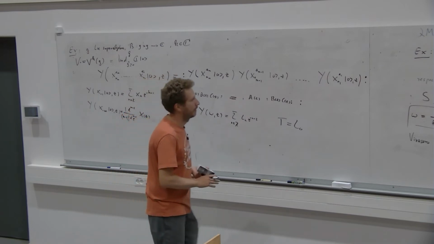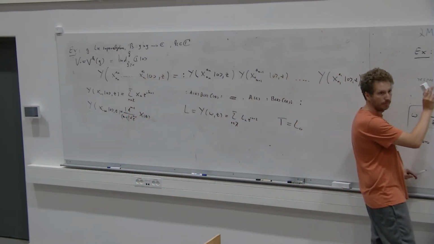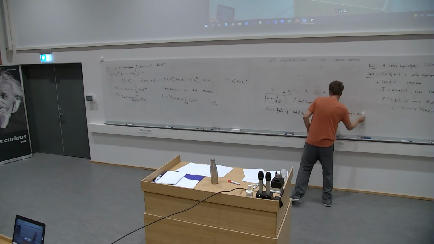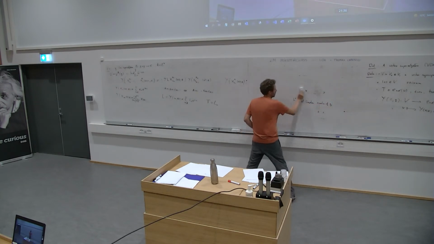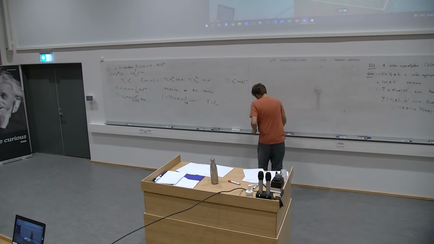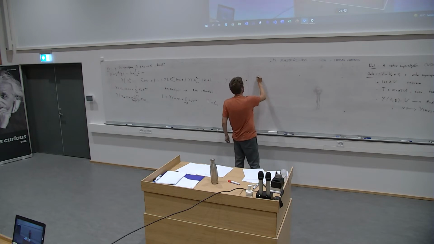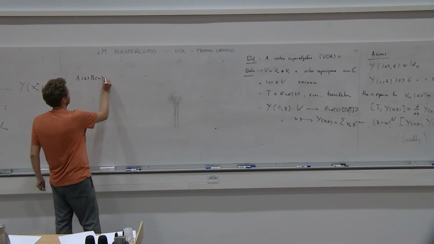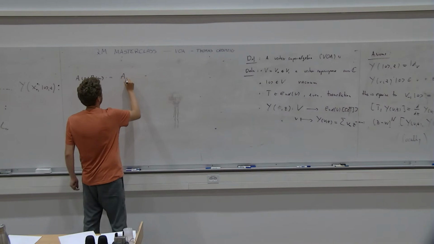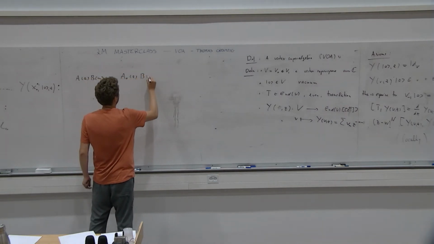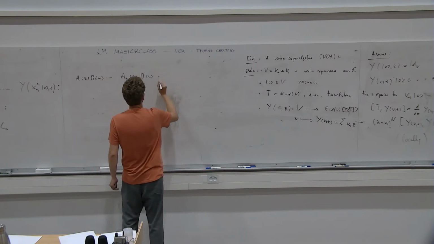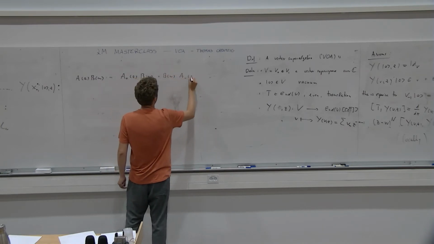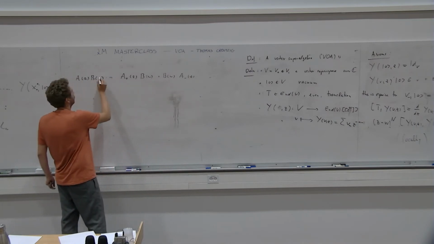Okay. I erase this, okay? Okay, now let's write down the formula for the normally ordered product again. And now we want Z and W to coincide.